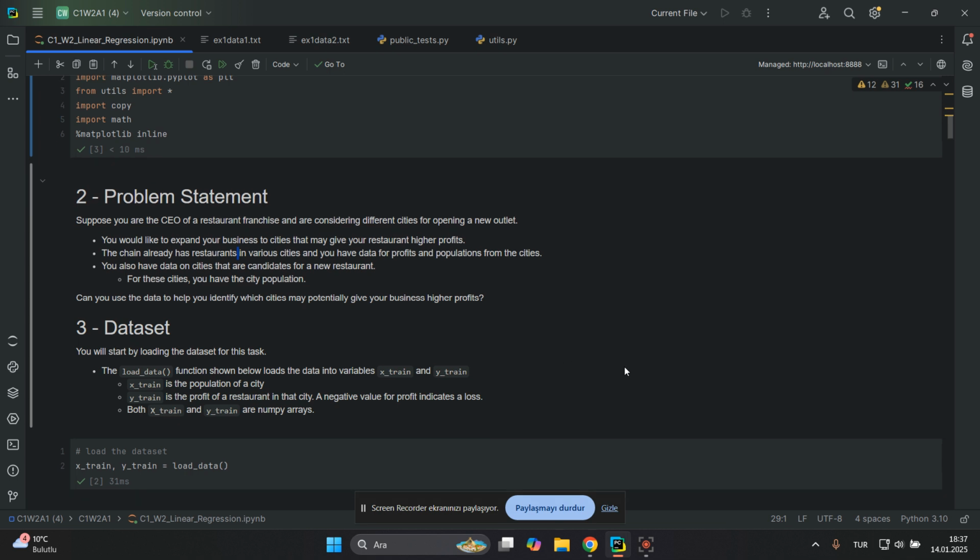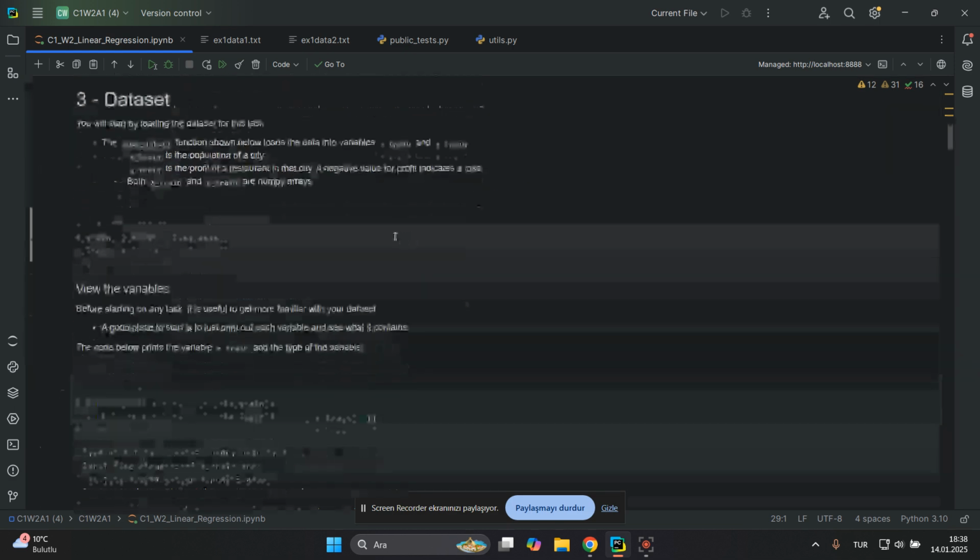The chain already has restaurants in various cities, with data for profits. For these cities, you have the city population. Can you use data to help identify which cities may potentially give your business high profits?